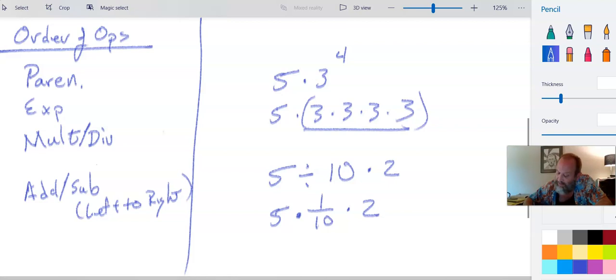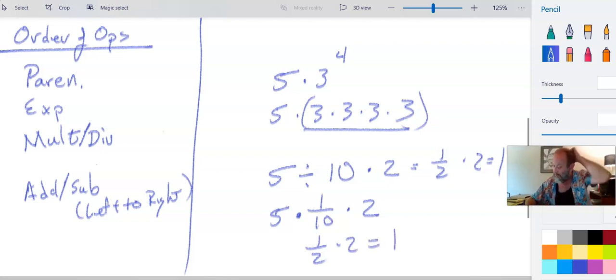If you're going to do this, 5 divided by 10 is going to be 1/2 times 2 equals 1. Over here, same thing. 5 over 10 gives you 1/2 times 2, and that equals 1 as well. But if you did the multiplication first, right, let's do it here.